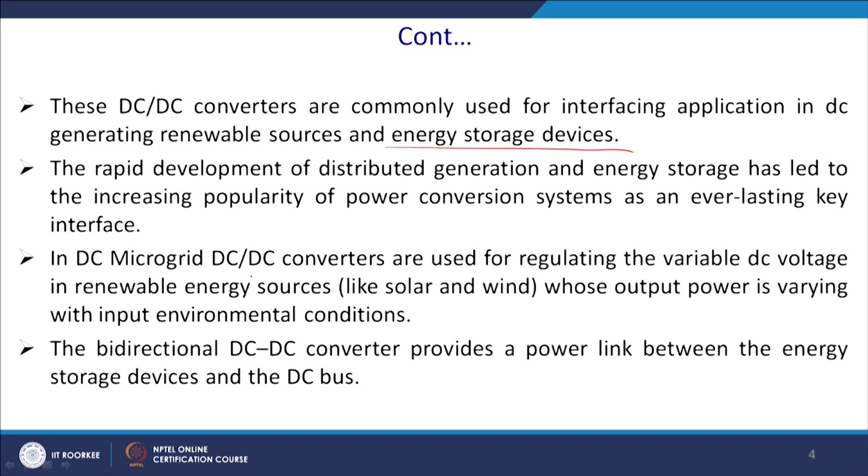In the DC microgrid, DC to DC converters are used for regulating the variable DC voltage in renewable energy sources like solar and wind, whose output power varies with the input environmental condition. The bidirectional DC to DC converter provides a power link between the energy storage device and the DC bus.